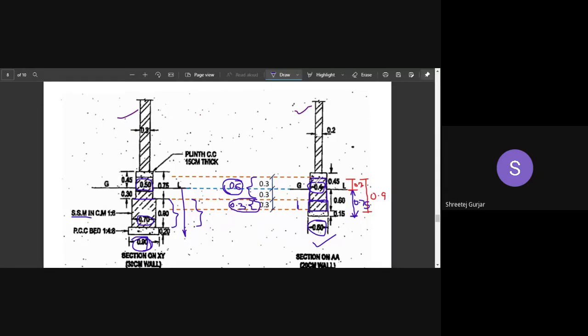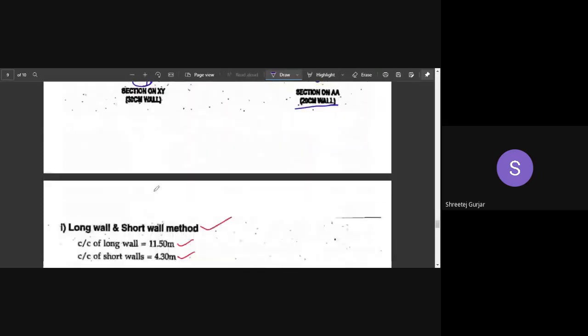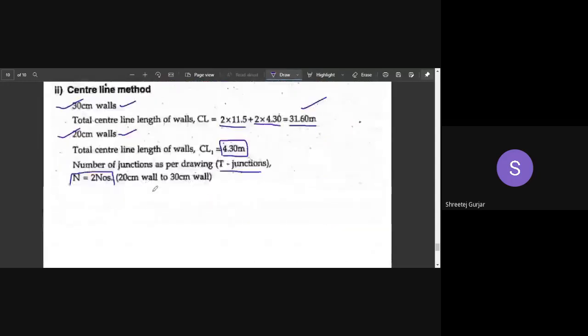So in your calculation of the length, you have to use this width. You have to use 0.5 as the width. So your length of the wall will be 4.3 minus number of junctions 2 into 0.5 by 2. So it will come up to 3.8 meters.